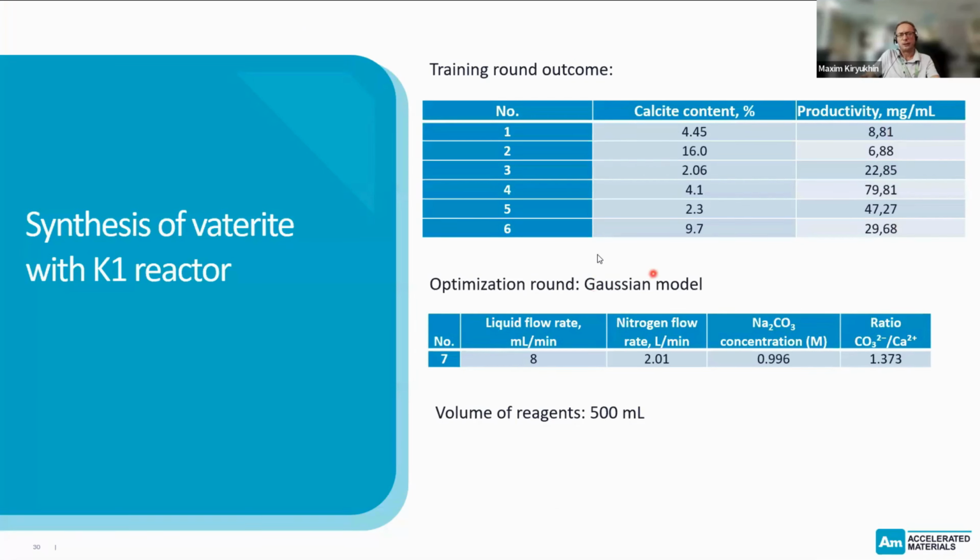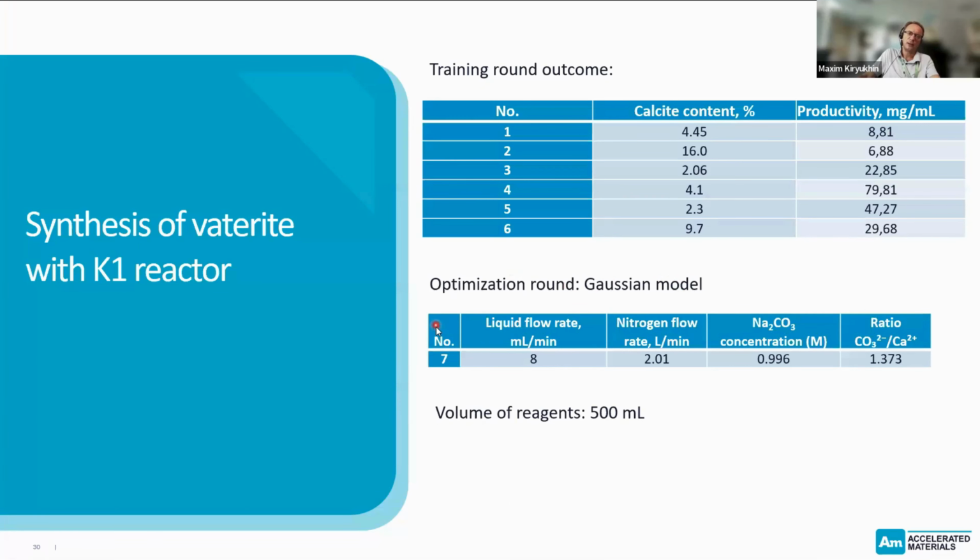Then we provided this data to the AMLON software, and it tried to identify the best model, which appeared to be a Gaussian model, which is actually quite evident because in our case, all the variables were continuous. And the Gaussian model usually works quite well with this kind of variables.